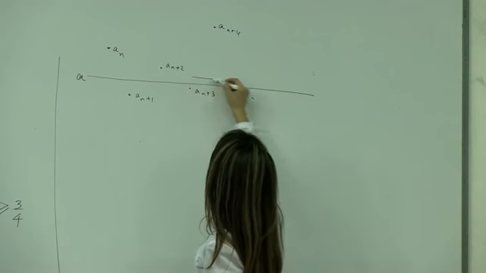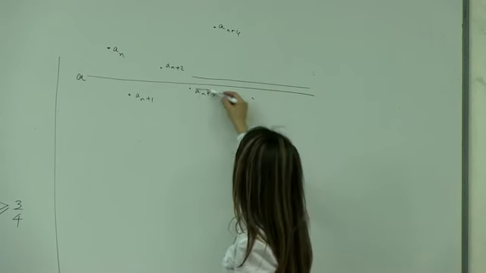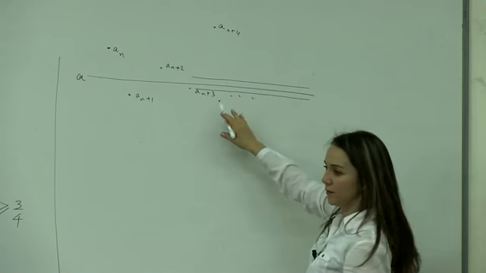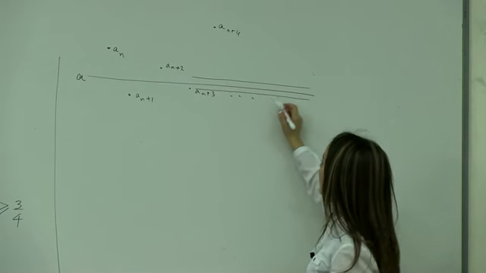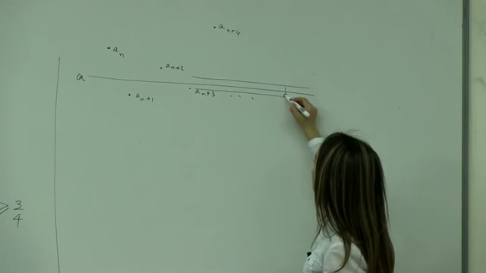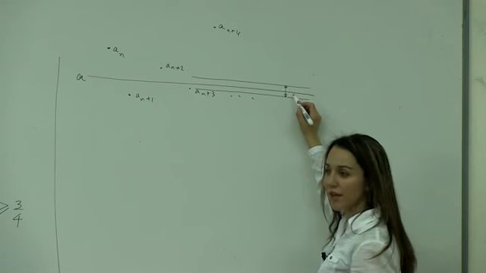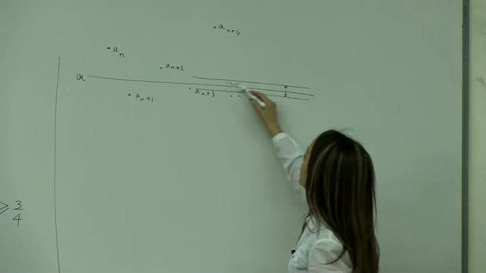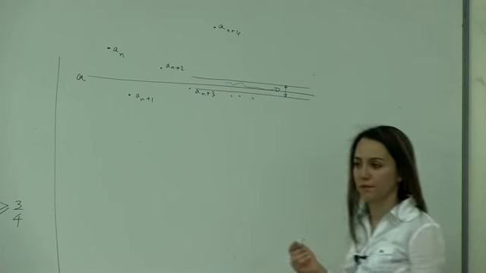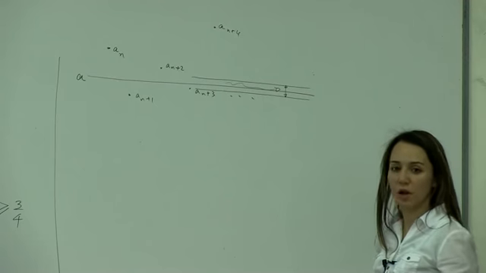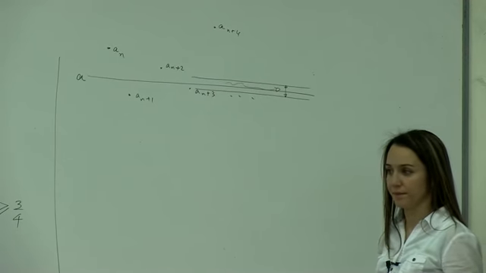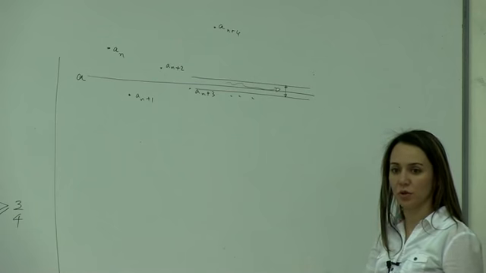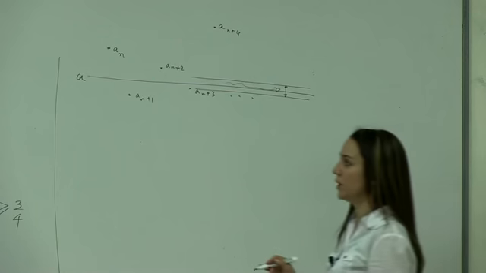I say that my sequence converges to A if, no matter how small a window around A I pick, eventually my sequence will enter this window and will not go outside that window again. That's the usual notion of convergence from calculus, right?